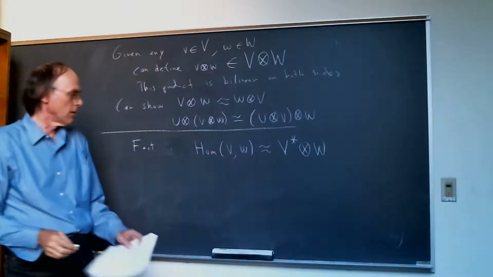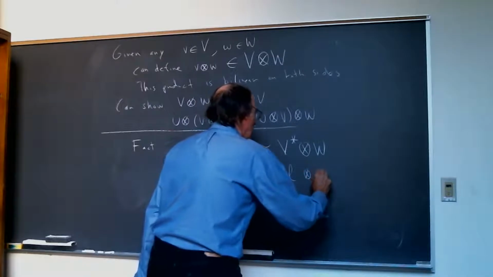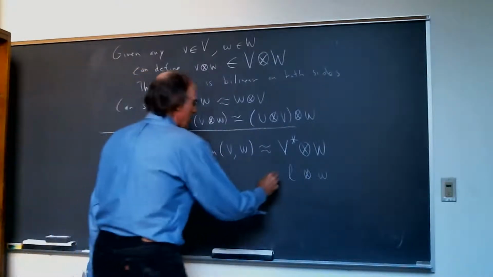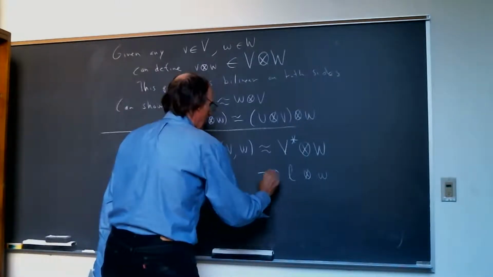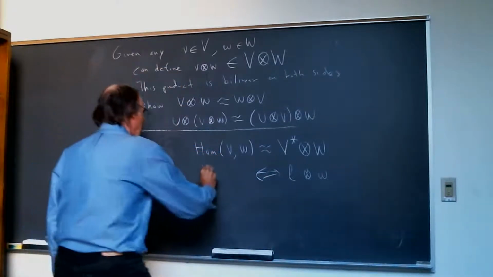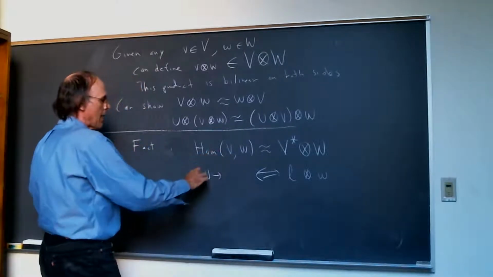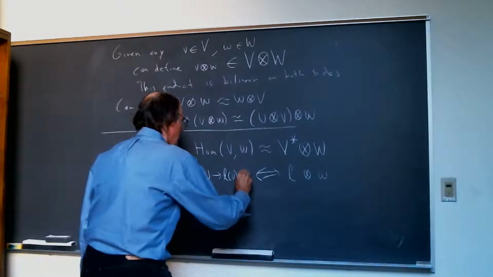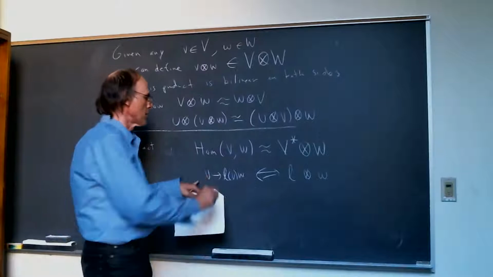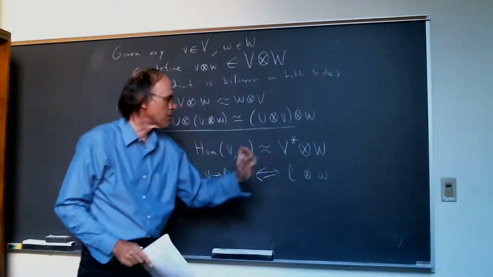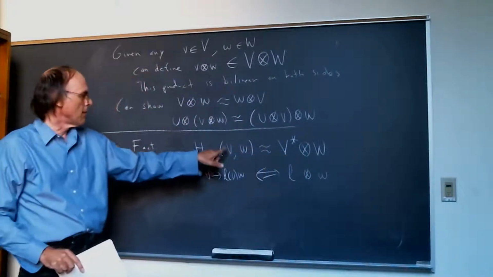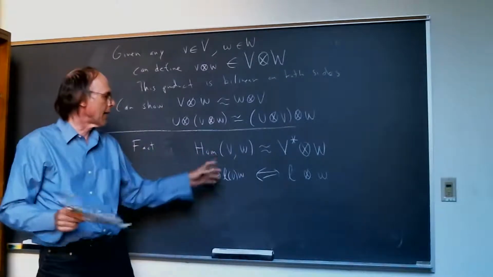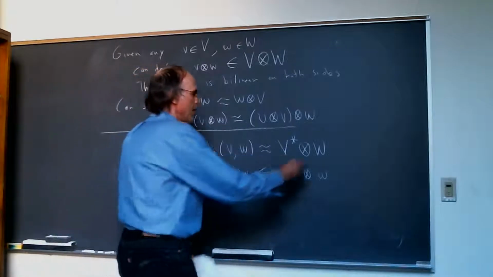How do I want to do this? So if you have L tensor W, this corresponds to the linear map that takes something in V to something in W. Well, you take V goes to L of V times W. The other way the tensor product construction is really useful is that when you're talking about spaces of linear maps from one space to another, instead of thinking of it as the space of linear maps, you can think of it as a tensor product.